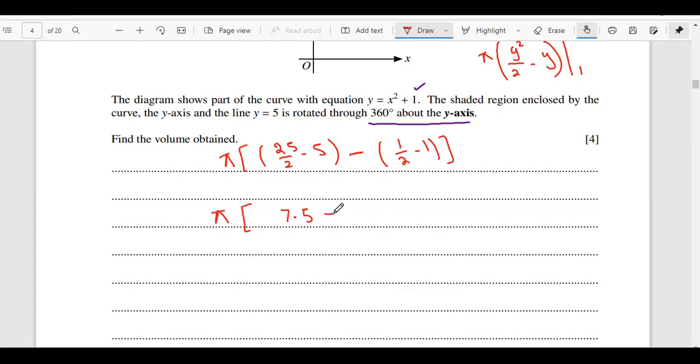Then minus, this would be minus 1 by 2, so it becomes plus 1 by 2, that is 0.5. So it would be 8 pi. This is going to be your answer.